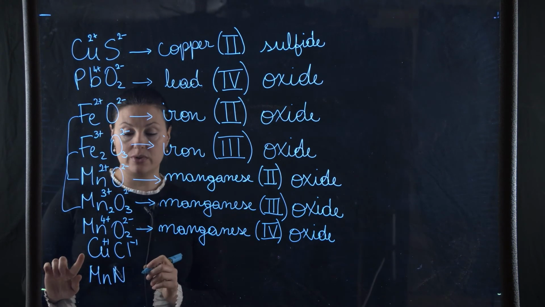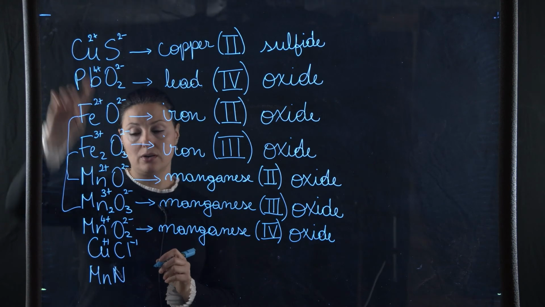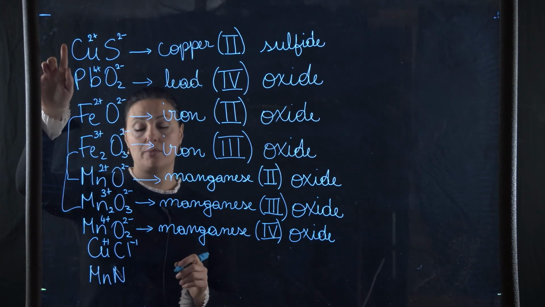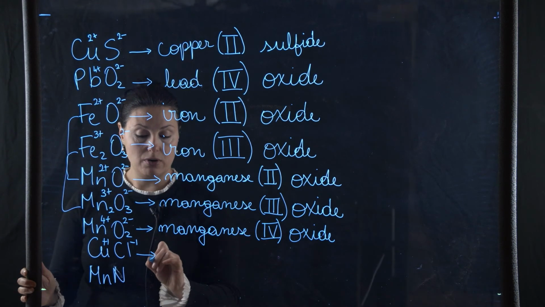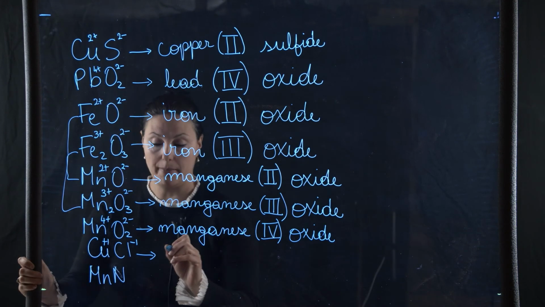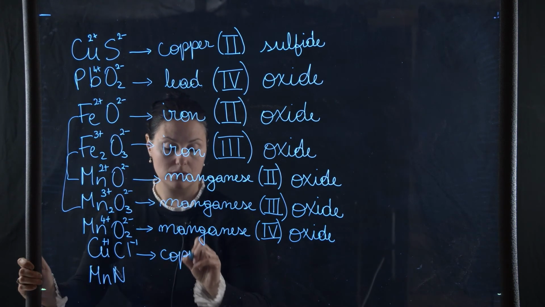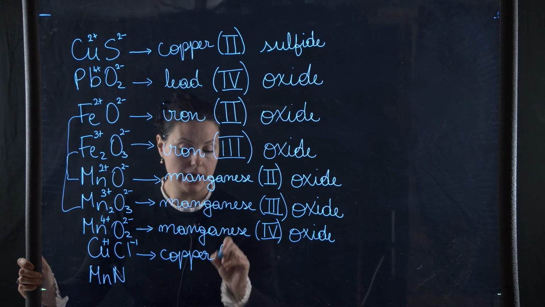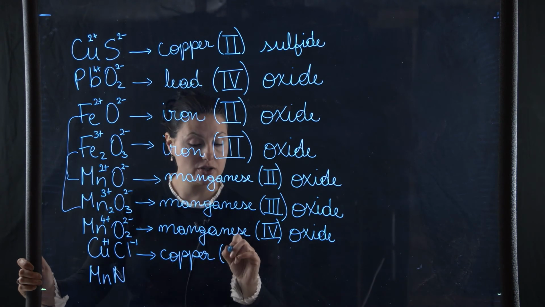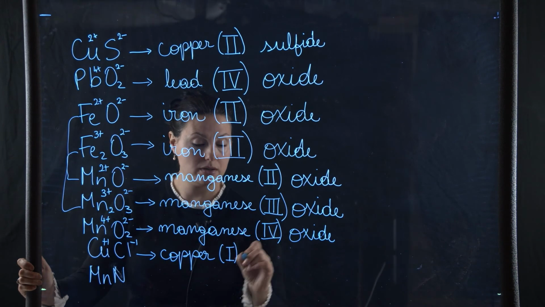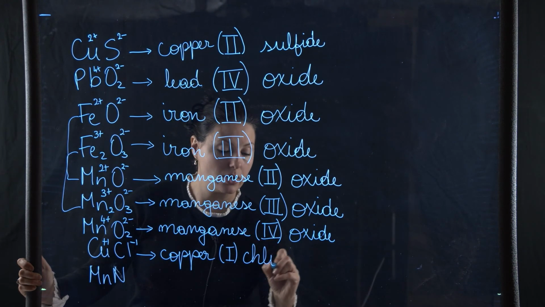Note the difference between this one and the one up here. Here is copper 1, here's copper 2. Therefore, when I write this compound, I will write copper, and then I have to specify the charge on the copper, copper 1, and then I write chloride.